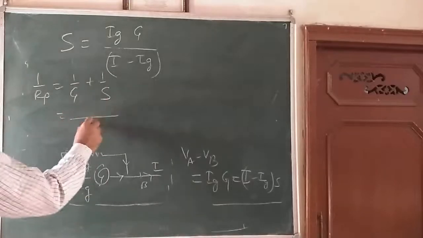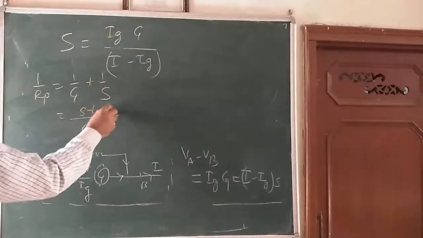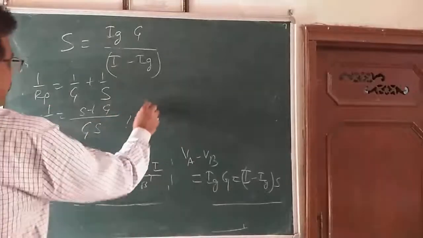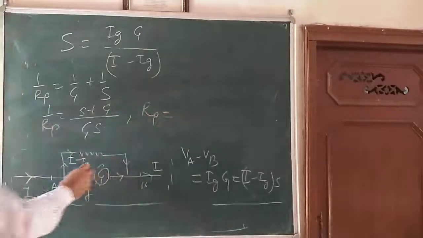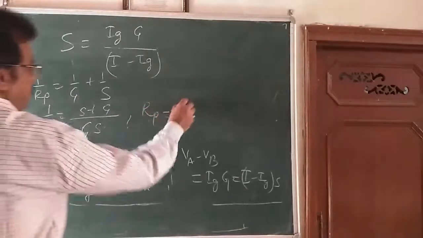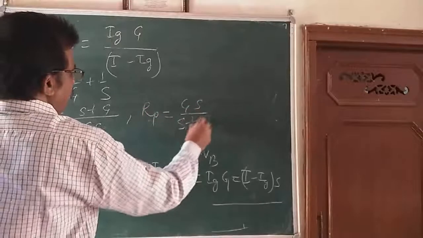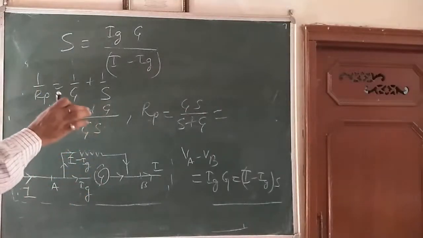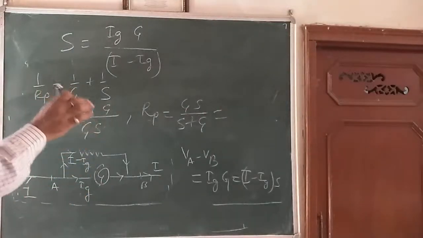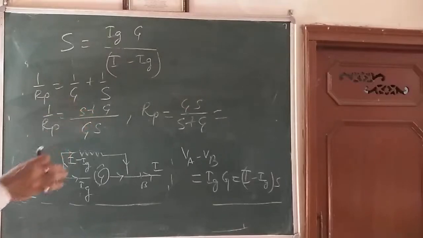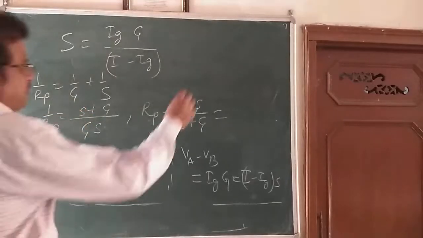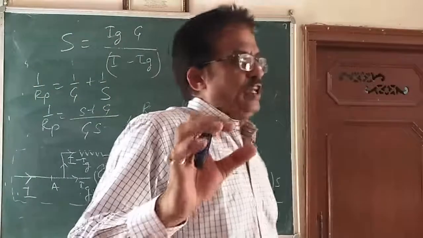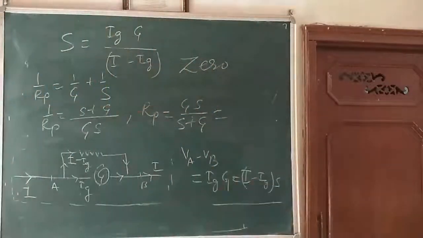When we take the LCM, we will get S plus G. So I can calculate Rp as GS upon S plus G. This is a very low resistance. So an ammeter has a much lower resistance, or we can say an ideal ammeter has zero resistance.